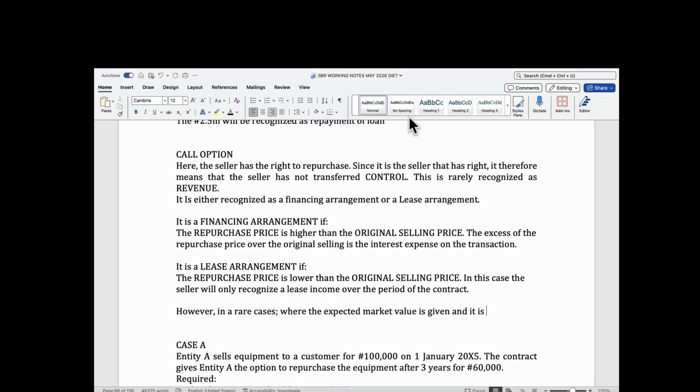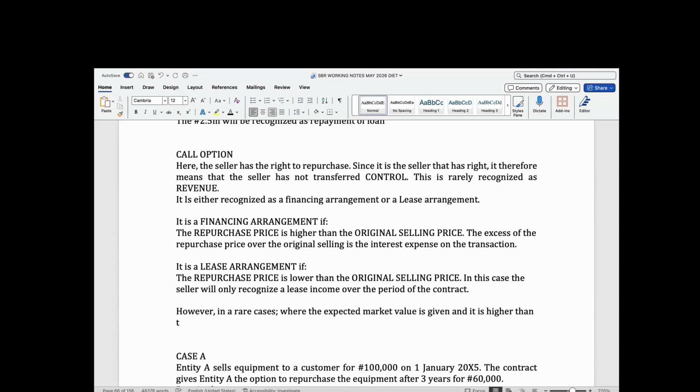So where the expected market value is given and it is higher than the purchase price, the interpretation is right.